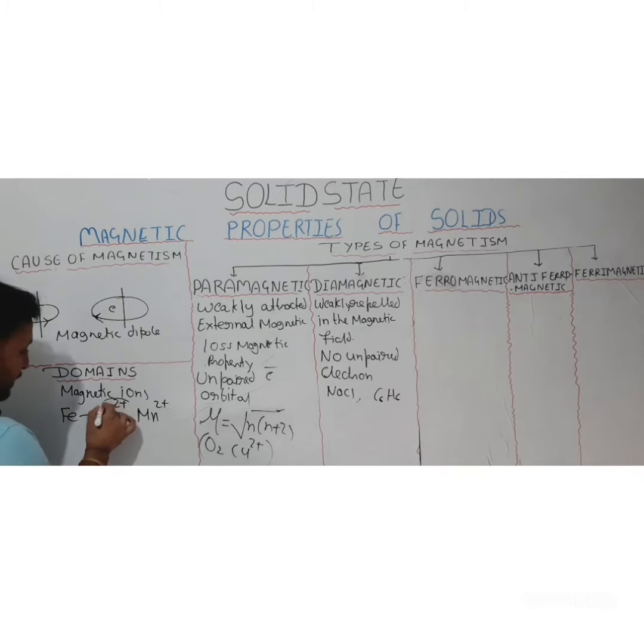So each ion which is present there will act as a tiny magnet. Each ion which represents a tiny magnet is known as a domain.